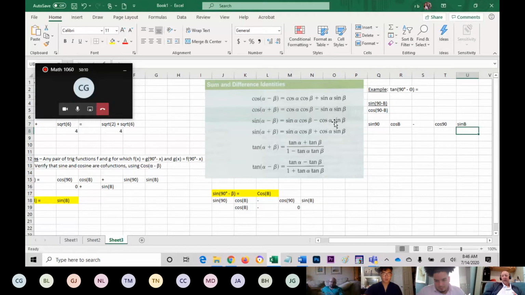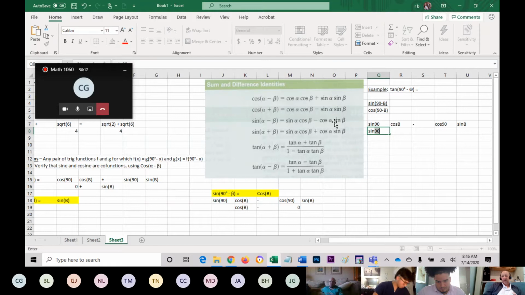All right, so we've got the numerator, and now let's get the denominator. No, we don't want to use that. We're using cosine now. So we're using this one.